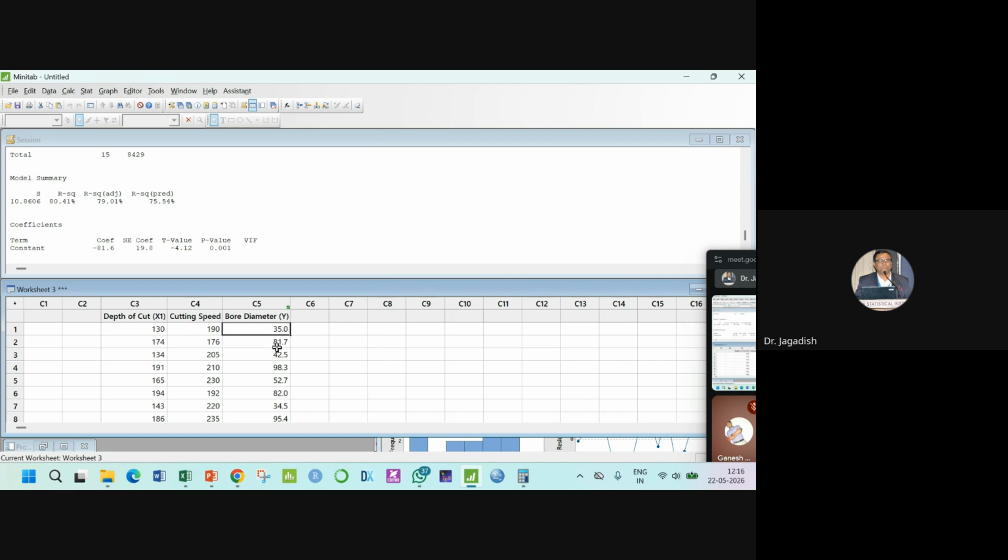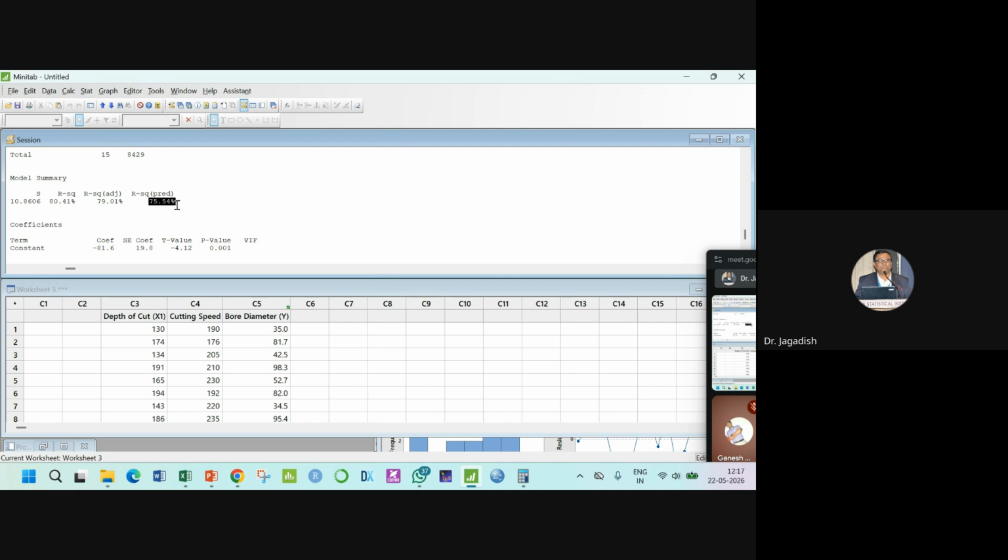It is not guaranteed that when I keep 131 and get 36 from the experiment, you will get 36 from the analytical model. You may get maybe 35.4 or 34, something like that, for a different value of x. That is the 75 percent prediction capability.